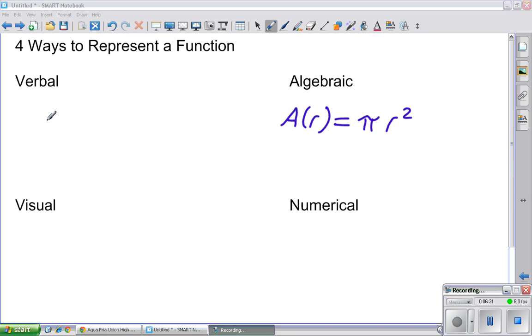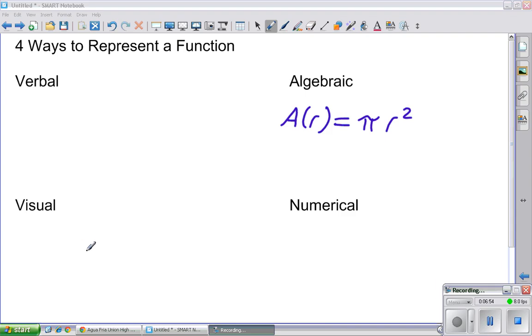So the verbal representation for the same function would be: the area of a circle with radius r is pi times radius squared, pi times r squared.